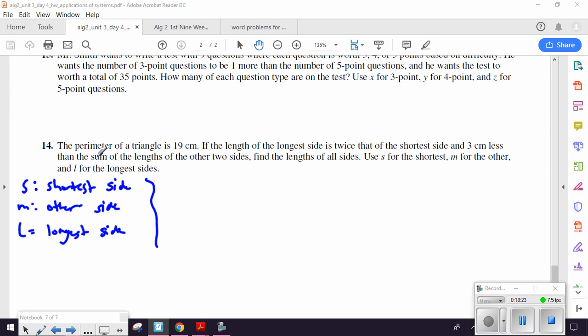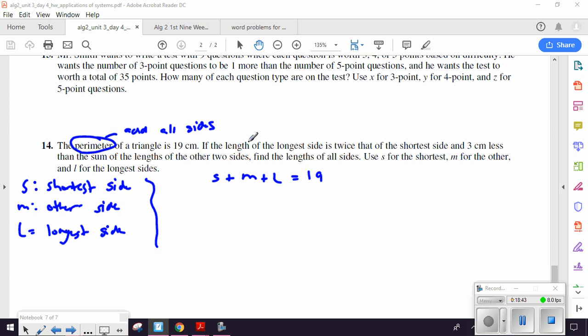So perimeter, again, we remember that perimeter means add all sides. So that means S plus M plus L should equal 19. So that's your first equation.